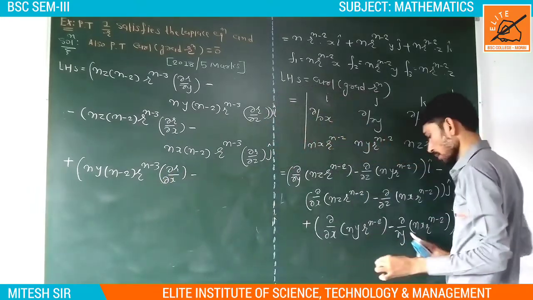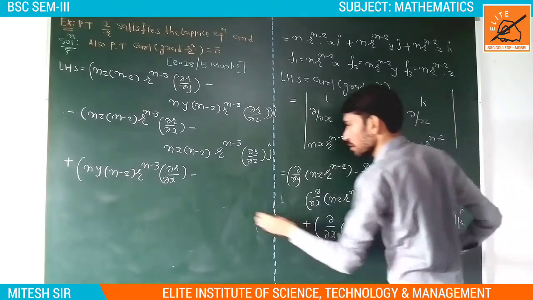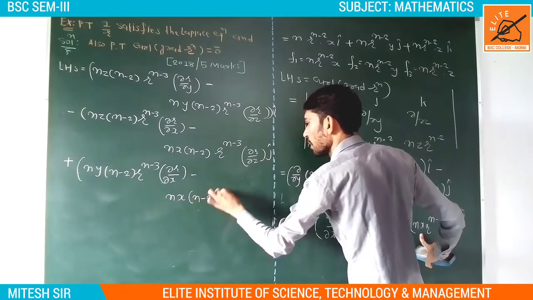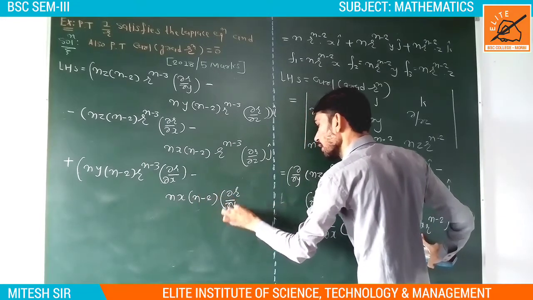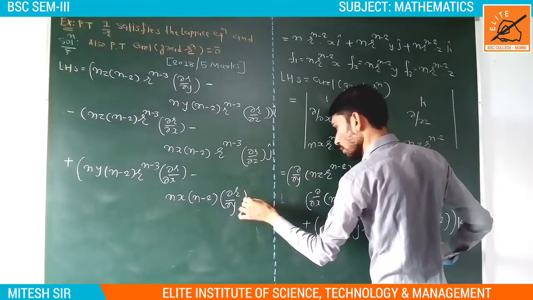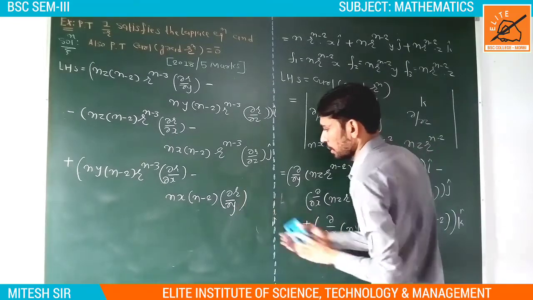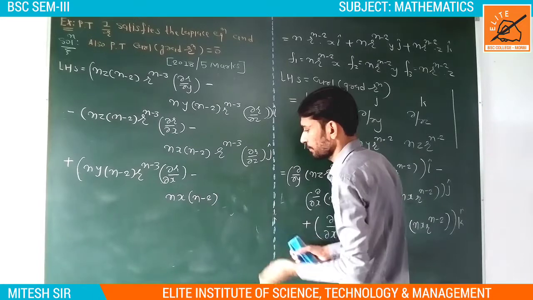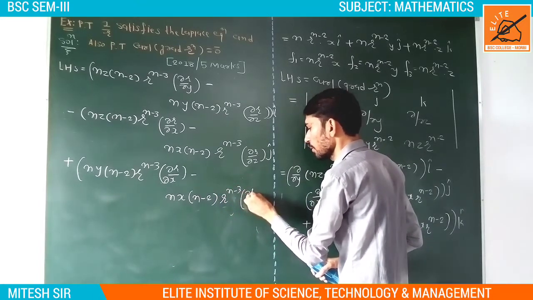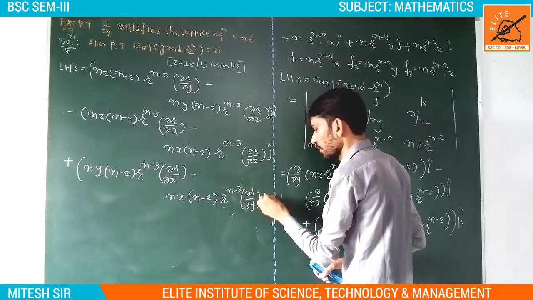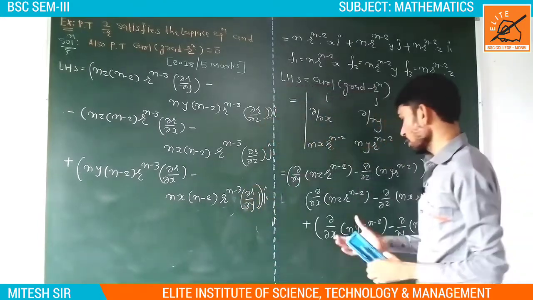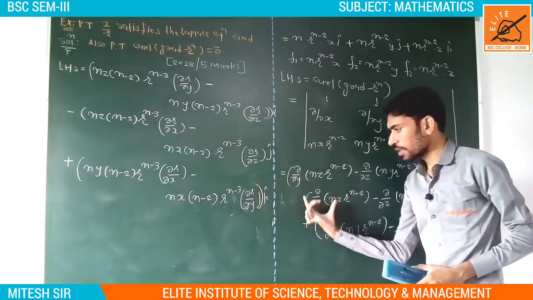Minus, here we are doing with respect to y, so nx count as the constant, nx (n-2) બાજુમાં લખાશે ∂r/∂y because we are doing with respect to y, into j cap. Here remaining the r^(n-3) into ∂r/∂y into k cap. So this is the solution of this step.